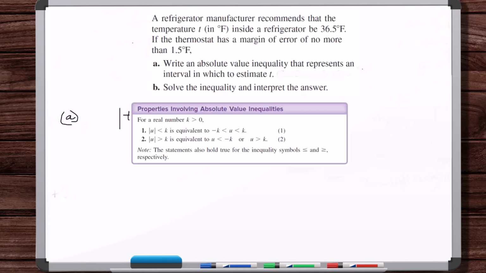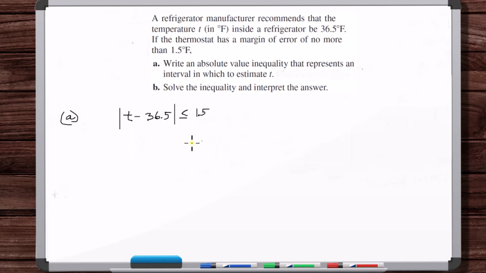So we've got a less than or equal to, so we're going to do this compound inequality. We've got T minus 36.5 is less than or equal to 1.5. Okay, now let's add 36.5 to all sides.